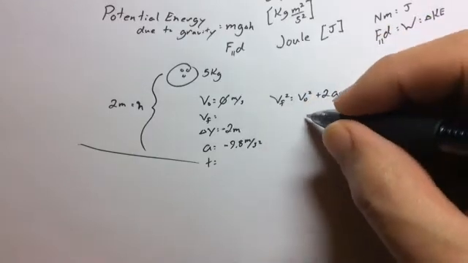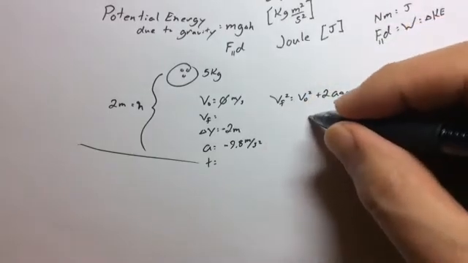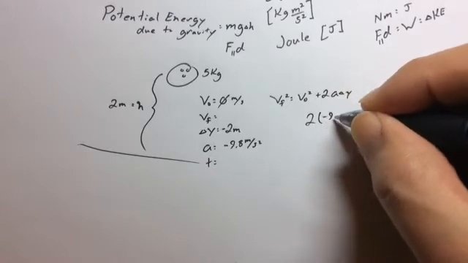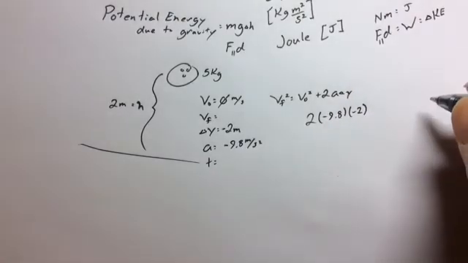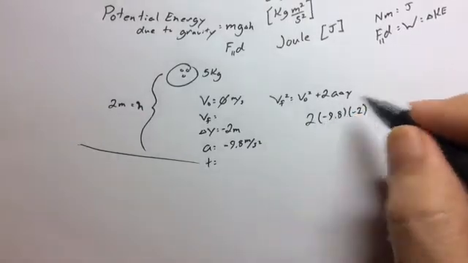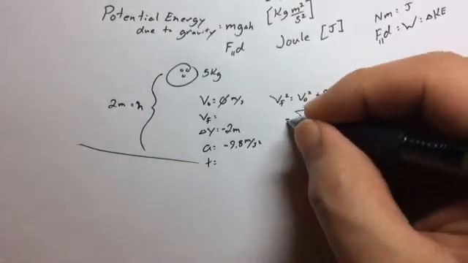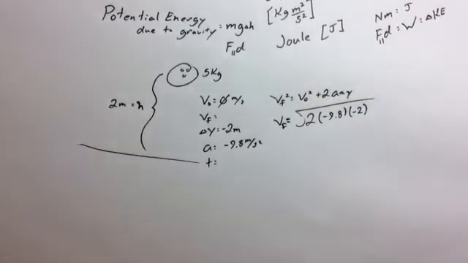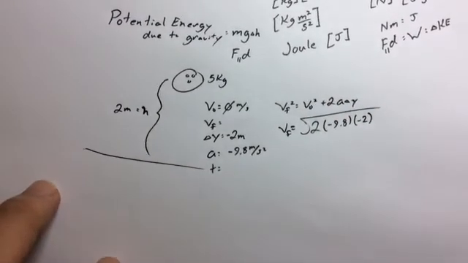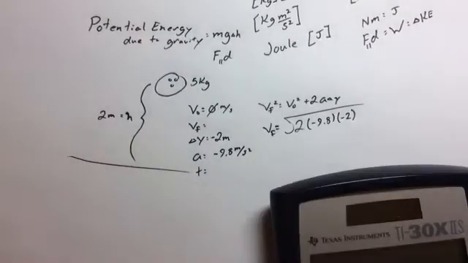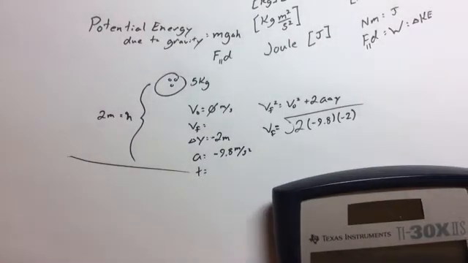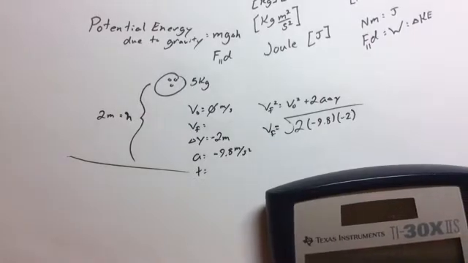My initial velocity is nothing, so I'm not going to put anything in. I have 2, I have negative 9.8 for my acceleration, and negative 2 for my change in height. Those negatives cancel out, and I want to square root this to find the final velocity. That's pretty much what you go through and do. Let's just double check what we have: 2 times 9.8 times 2, and then we're going to square root that. And I get a syntax error because something slipped.